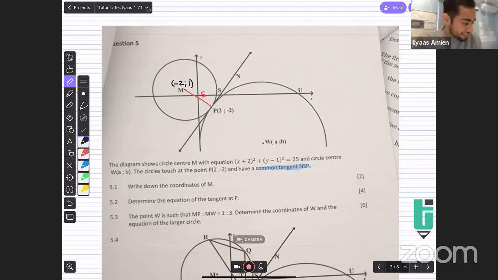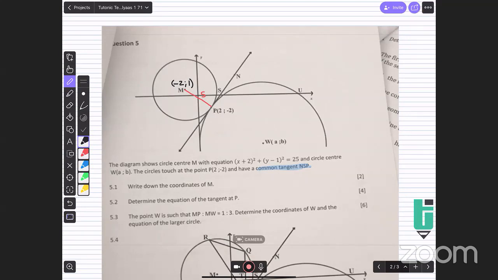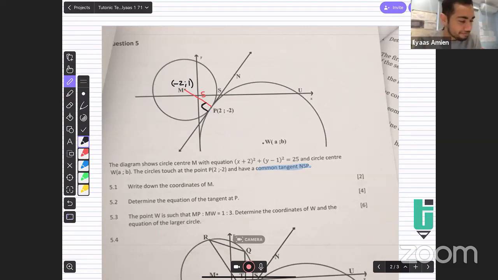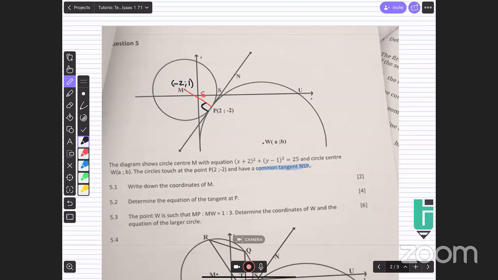What else do you know about tangents? What are the three tangent theorems that we know about? One of them is that it is perpendicular to the radius, so there's a 90 degree angle there. And what's the second theorem? The angle between the tangent and the chord is equal to the interior opposite angle.